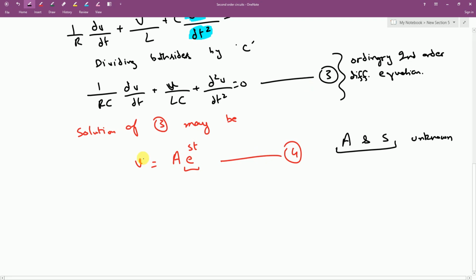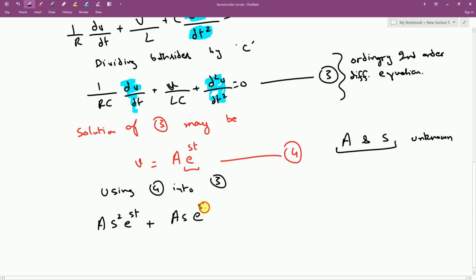If I put v equal to A e raised to the power st in these equations, then by using 4 in 3, we get A s squared e raised to the power st plus A s e raised to the power st divided by RC plus A e raised to the power st divided by LC, and that is equal to 0. So this becomes my equation number 5.